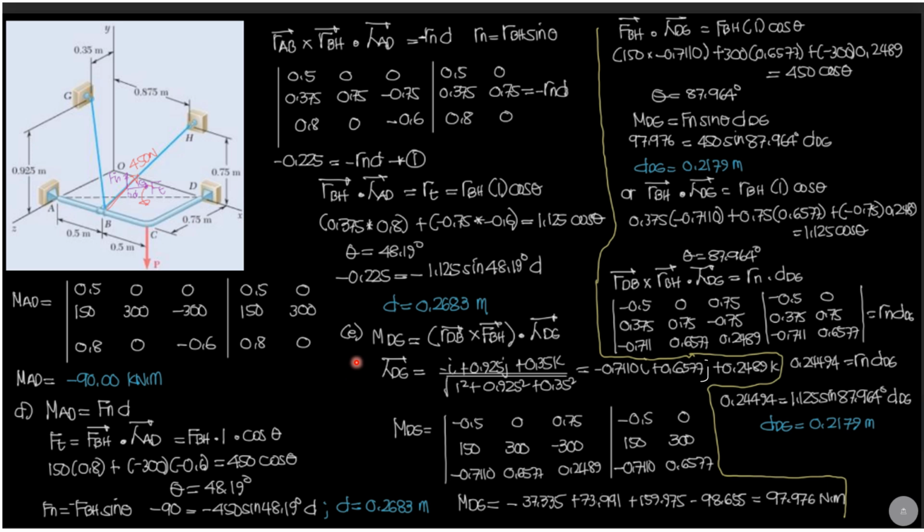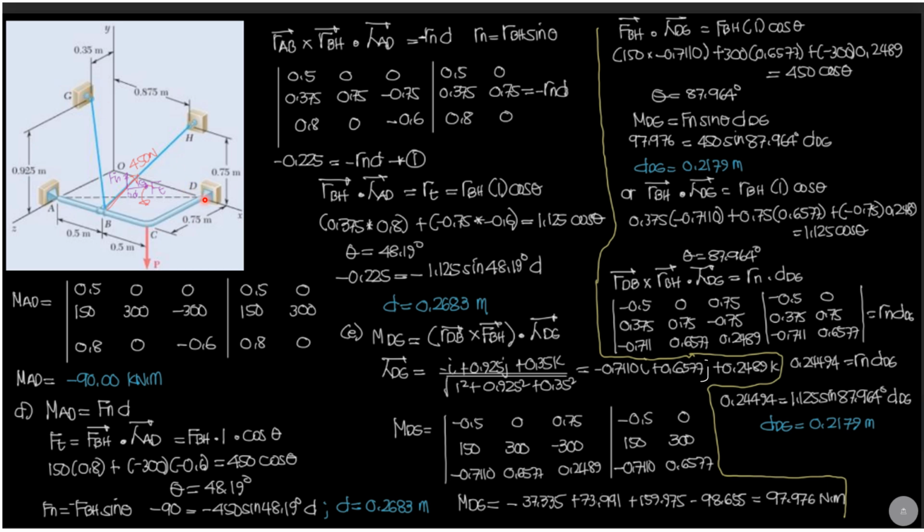Then finally, in part E, the moment of the force on BH about imaginary line DG, so axis DG. So we define it as moment of DG equals RDB cross FBH, then that lambda of DG.